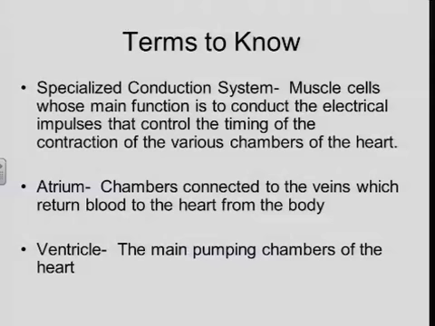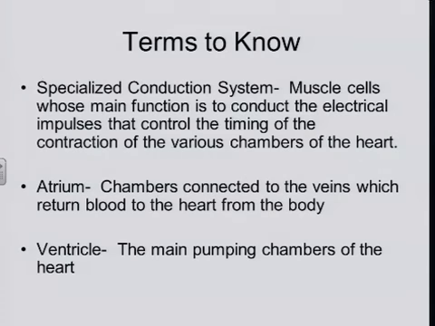So you need to know that there is this specialized conduction system. We'll talk even more about it later, but the heart is unique in that its control is not neuronal. It has specialized muscle cells whose function is really to originate, in the case of the sinoatrial node, the action potential and excitation, and to spread it in a uniform way that is optimal for the timing of the heart as a pump.